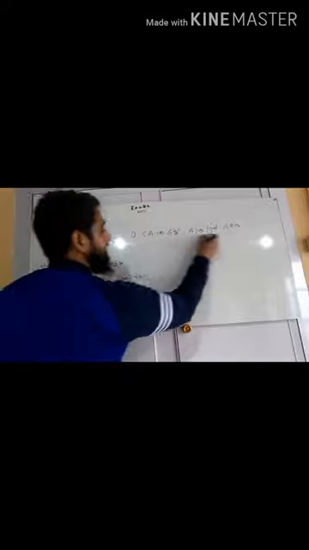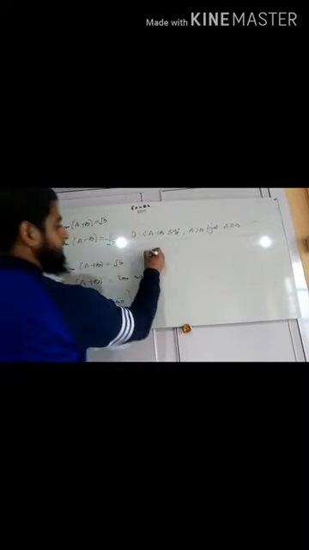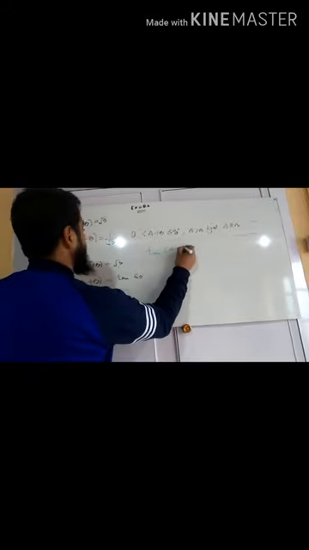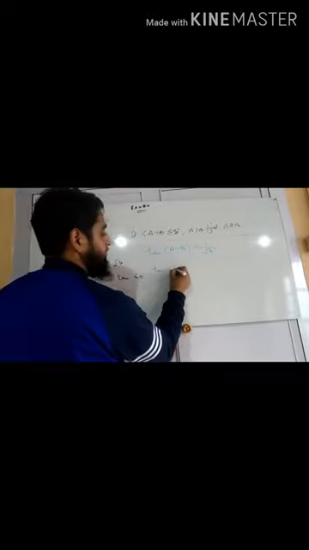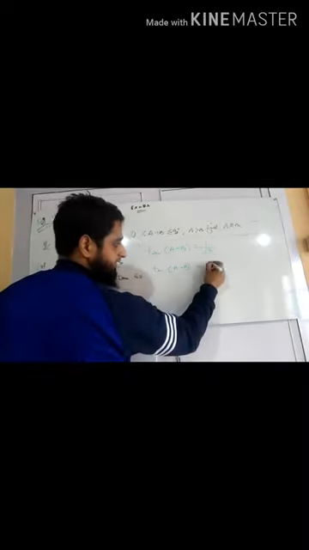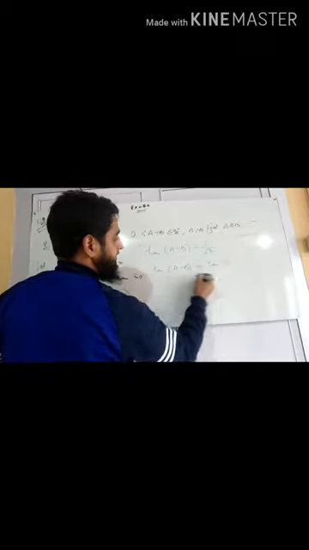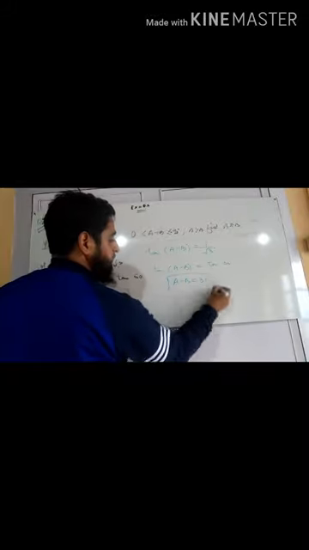Similarly, tan of a minus b is equal to 1 by root 3. When 1 by root 3 is tan, it is tan 30. Tan will cancel out, so a minus b is equal to 30. We have the two equations.